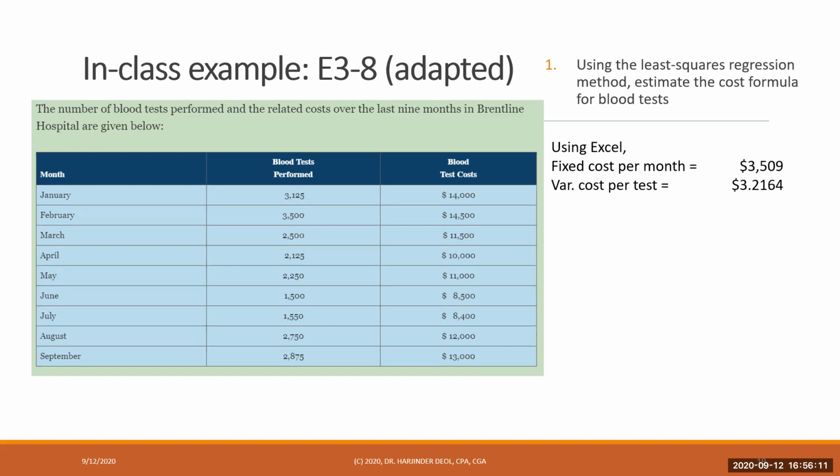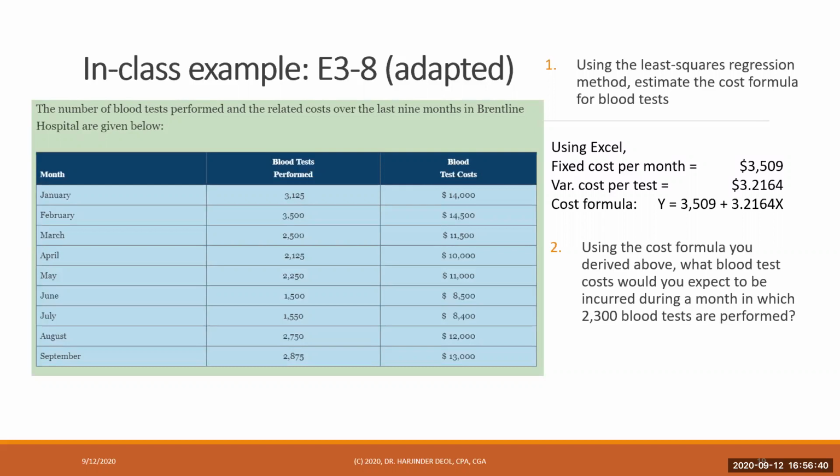The variable cost per test is $3 and a bunch of decimal points, so 3.2164. And the total cost formula there ends up being Y equals 3,509 plus 3.2164x, where x is the number of blood tests performed in a given month.